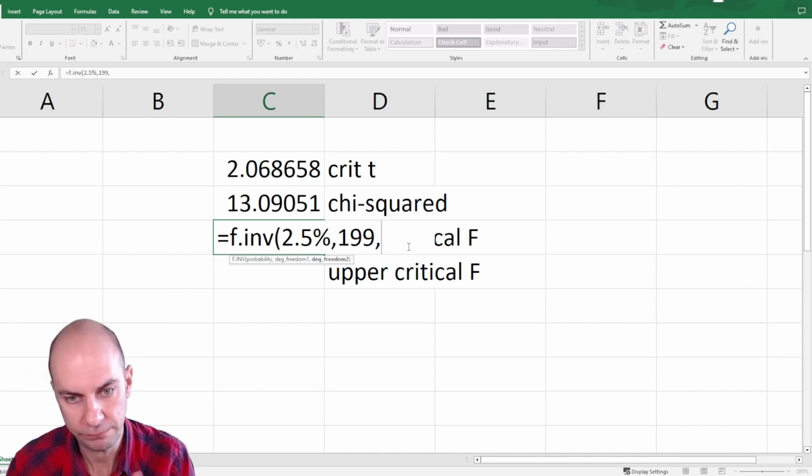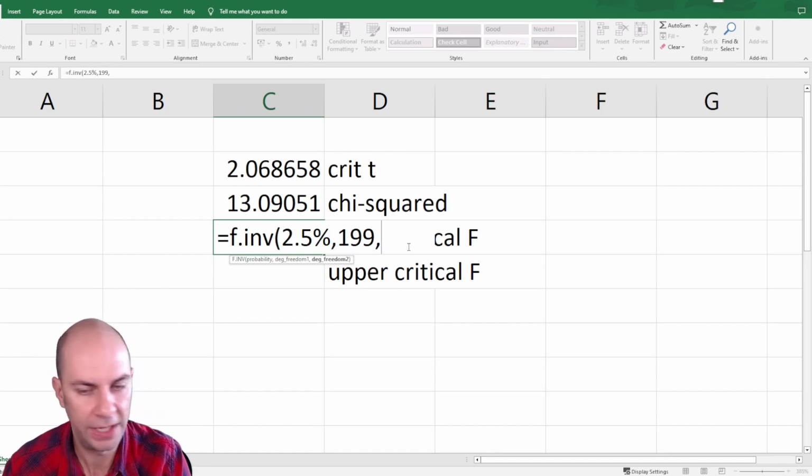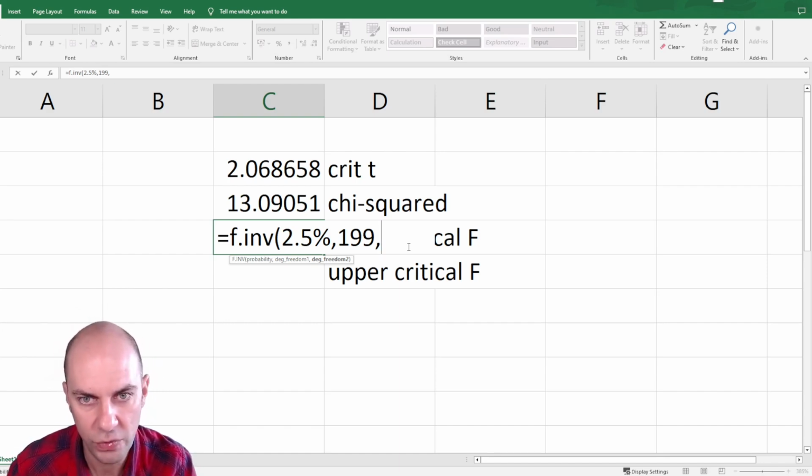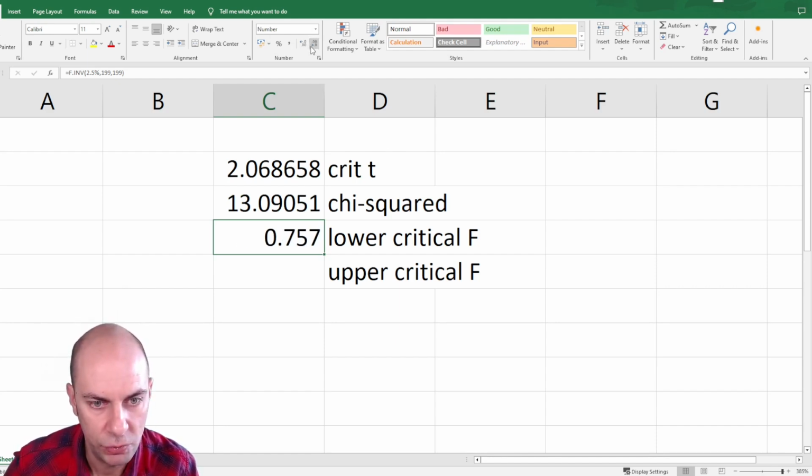The denominator is the variance of returns after the regulatory change. Again, we are provided with 200 weeks there, so we lose 1 degree of freedom there as well. And we can see that our lower critical value is 0.76, let's say. Now we can round that to 2 decimal places.